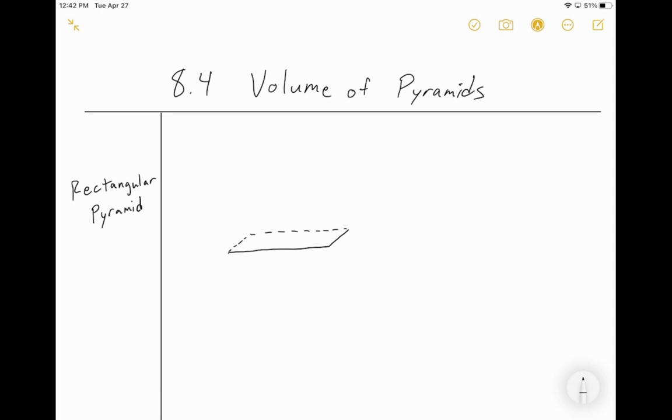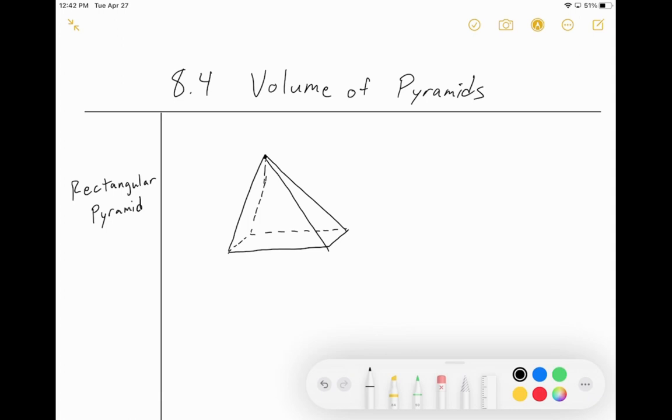All right, and then we're going to put a dot right up here. And we're going to connect the lines with the dot. So this one's a little bit sloppy.